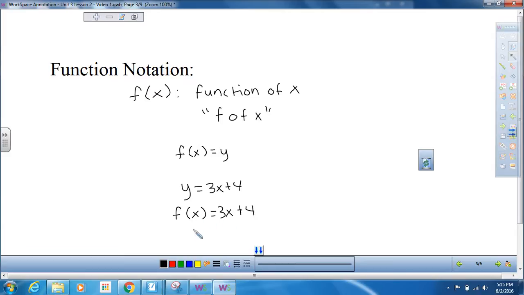So f of x, just like y, is the output. All of this is the output. X is still our input.